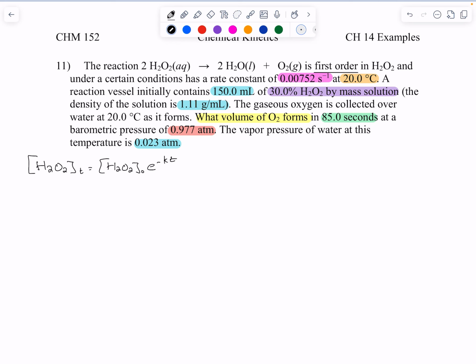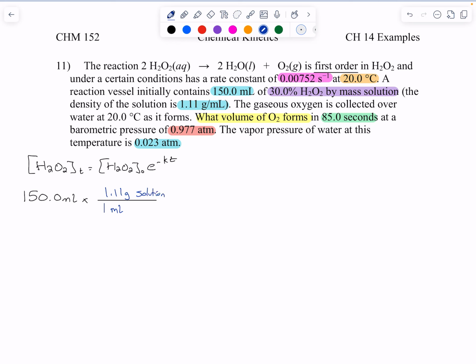What do we know? Well, we have an amount. We have 150.0 milliliters of solution, and we know density-wise, not 30%, it's 1.11 grams. So 1 milliliter of solution is 1.11 grams of solution.